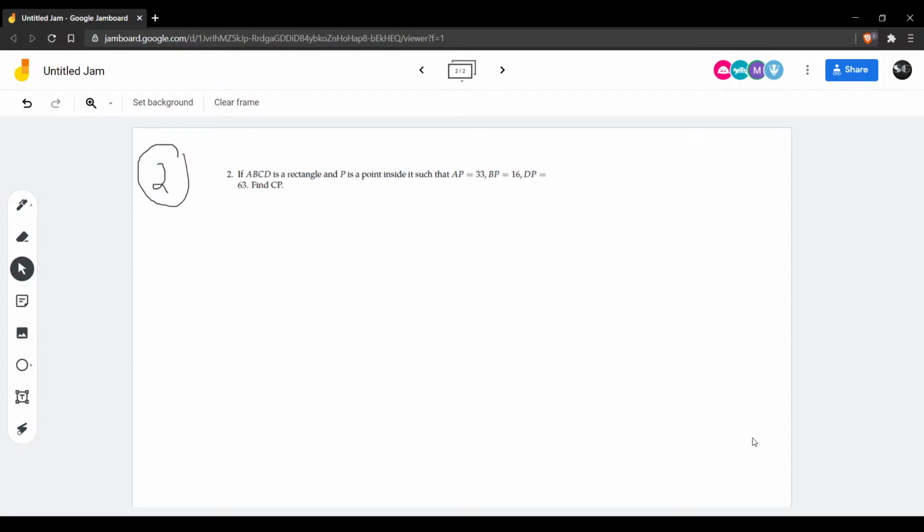Hi guys, so this is the second question of KV IOQM. I think it's a very easy question. We have something called the British flag theorem. Let this be P. I'm not digging deep into it, I'm directly using the formula.